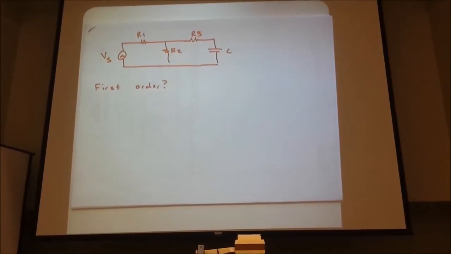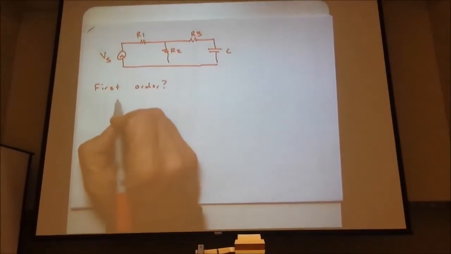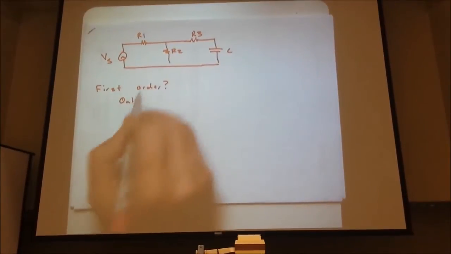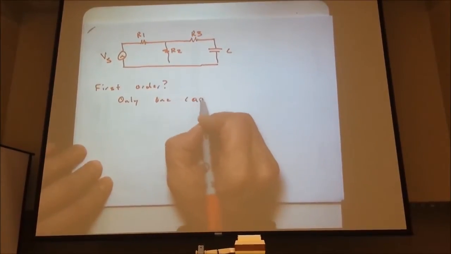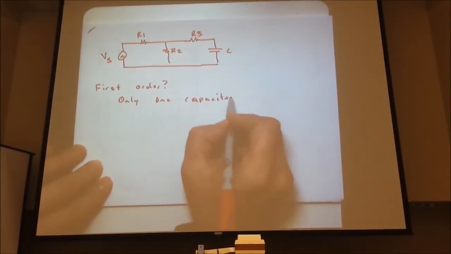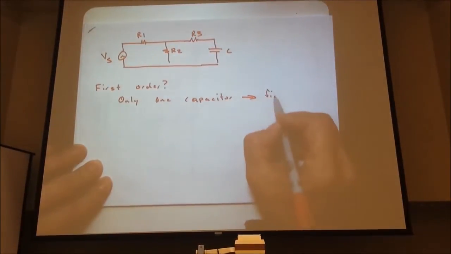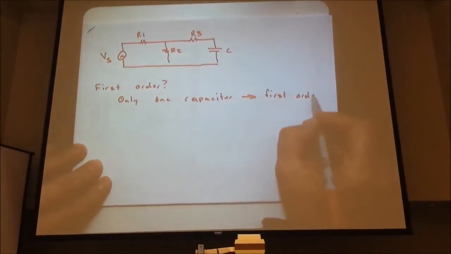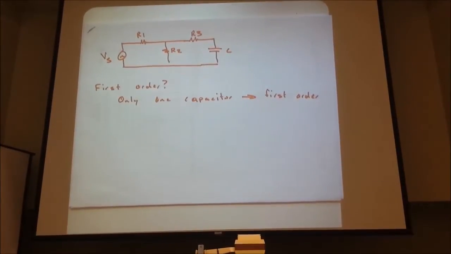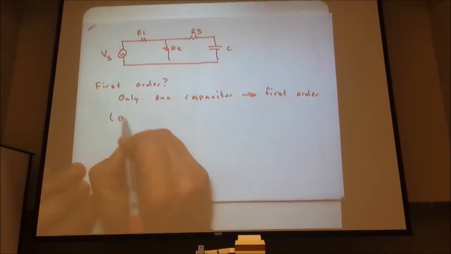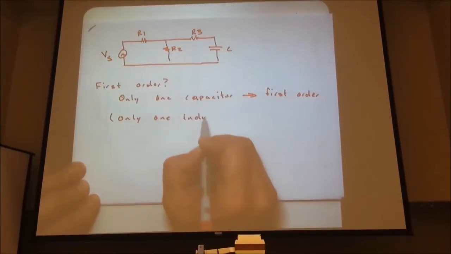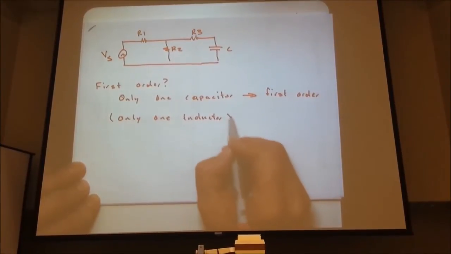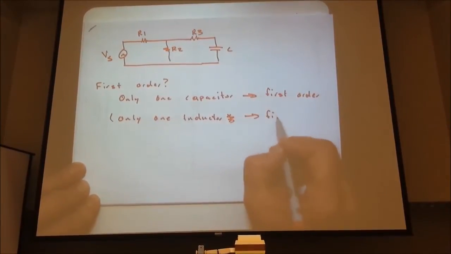So abstaining. One component, only one capacitor, first order. It doesn't matter how many resistors you have. Only one capacitor, first order. Likewise, only one inductor, also first order.